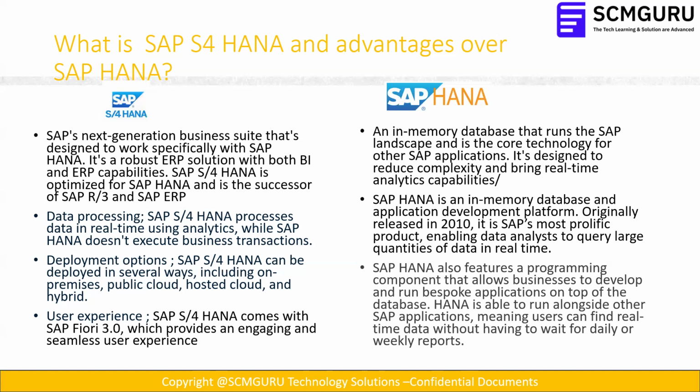It is SAP's most prolific product, enabling data analytics to query large quantities of data in real time. SAP HANA also features a programming component that allows businesses to develop and run bespoke applications on top of the database. SAP HANA is able to run alongside other applications, meaning users can find real-time data without having to wait for daily or weekly reports. So SAP had a lot of things when they brought SAP HANA.